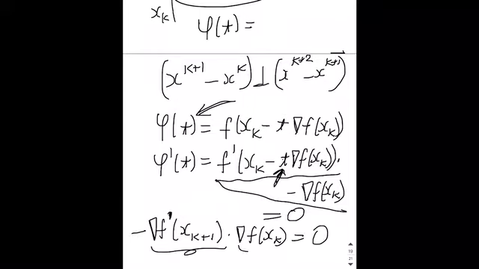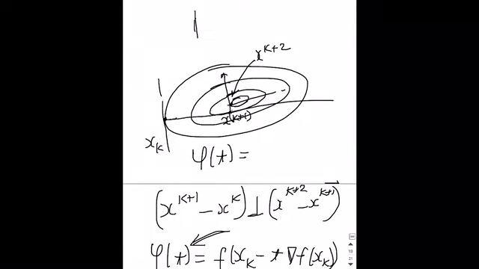So the dot product is 0, and these two are orthogonal. This is the direction of the gradient of f of xk, and this is the direction of the gradient at xk plus 1, so these are perpendicular.